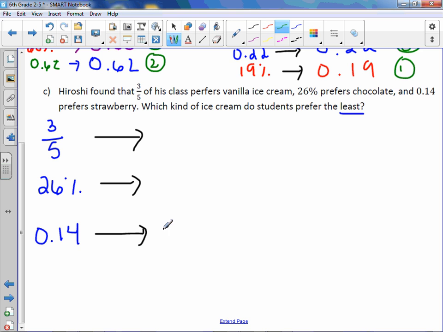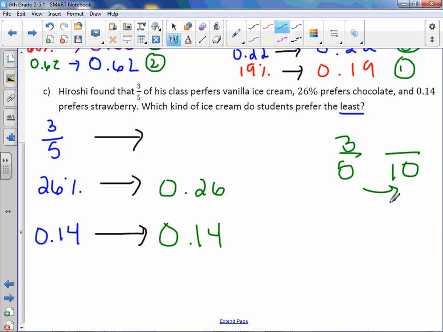Well, 0.14 is already a decimal, so I'm going to keep with that one. 26%, move your decimal point 2 to the left, and you get 0.26. And then with 3/5, I'm going to use my shortcut method and make it a denominator of 10. Any power of 10 would do.